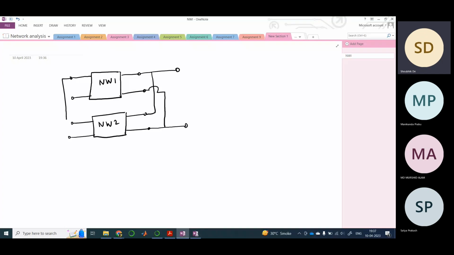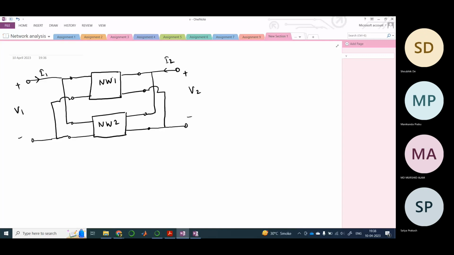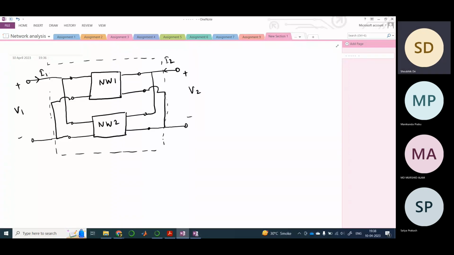In the same way, this is connected to this, and this is connected to this, and this is the equivalent circuit, right? So this is I1, let us call this V1, and this is I2, and let us call this V2, right? And let us just enclose this in a box. So this is the black box, or another network you can call, right?